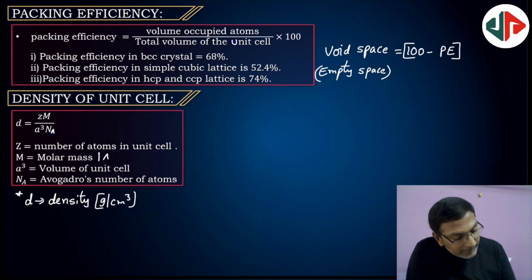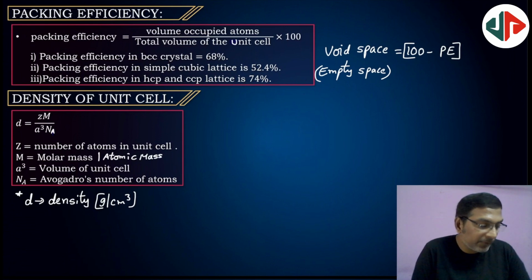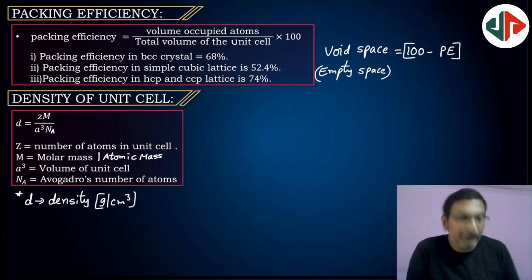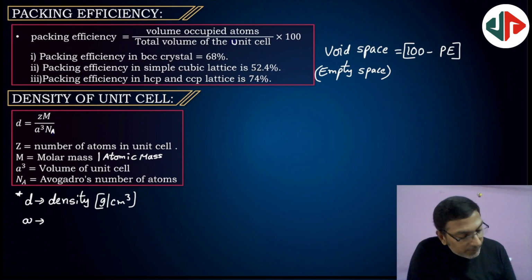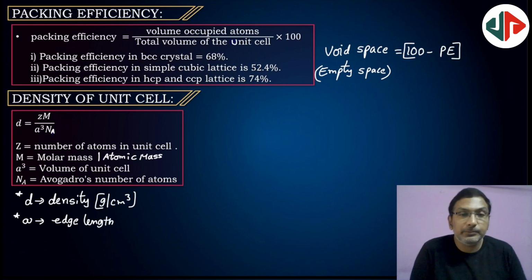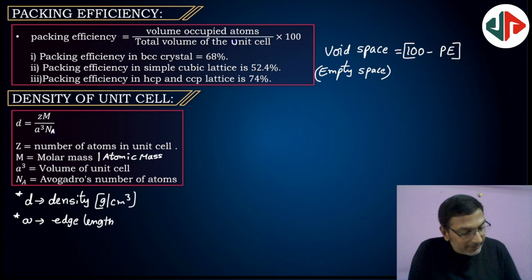If it is atom, we can take atomic mass. a is edge length, and a cube is volume of unit cell. Na, Avogadro's number, we know 6.022 into 10 power 23, which is constant.